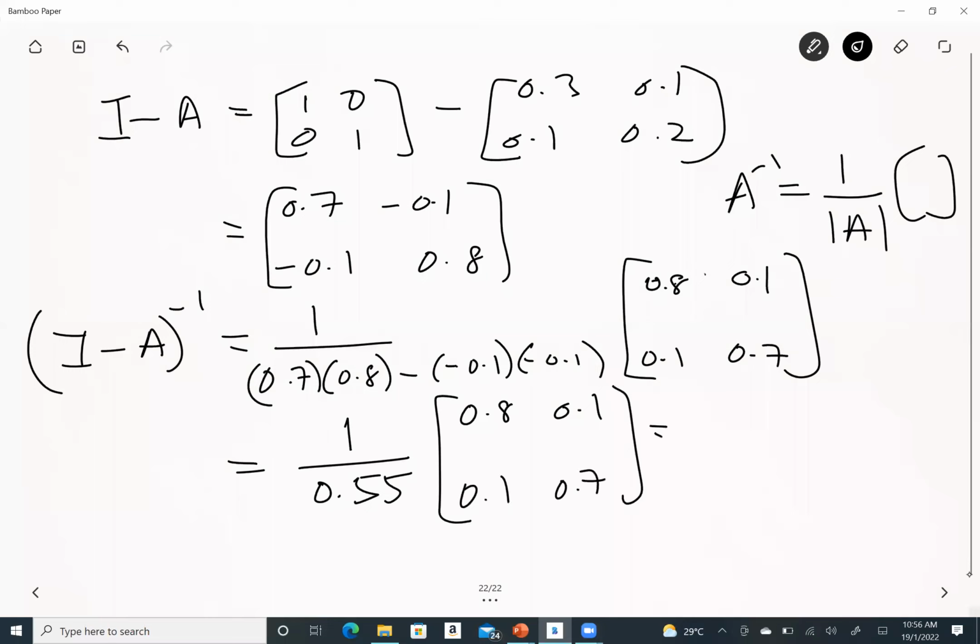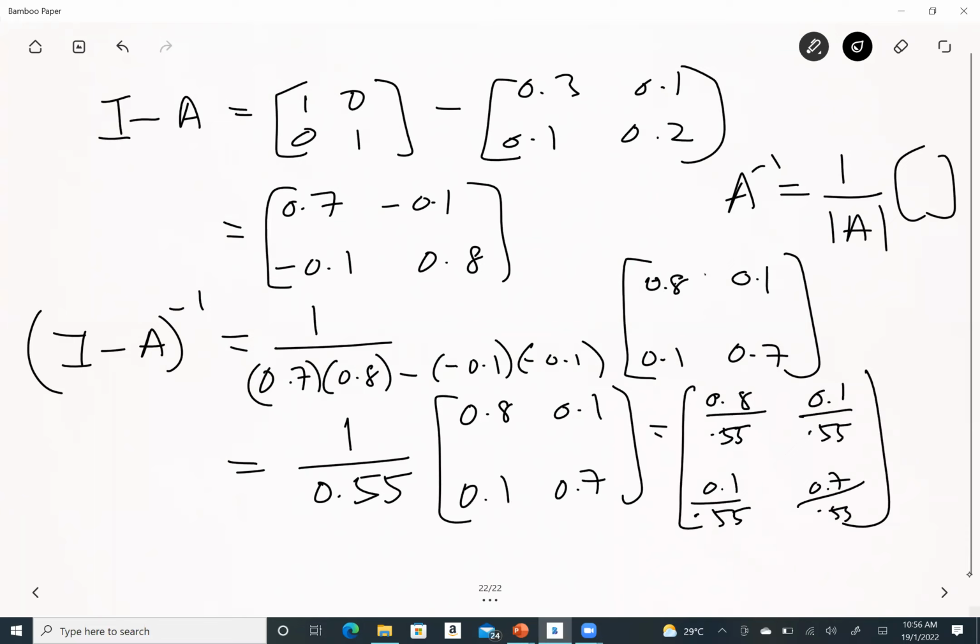So multiply out, we will get 0.8 divided by 0.55, 0.1 divided by 0.55, 0.1 divided by 0.55, 0.7 divided by 0.55. Okay, is that right? So we multiply with what is it called?